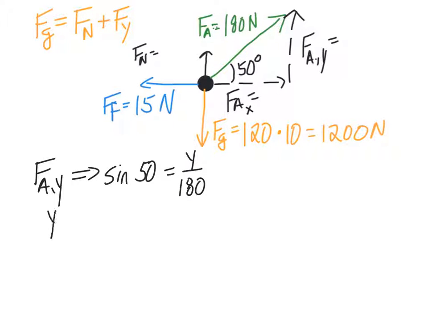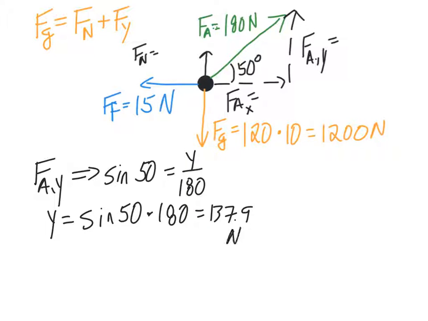So to solve for y would be sine of 50 times 180, which would equal about 137.9 newtons. So there's my value for the y component.